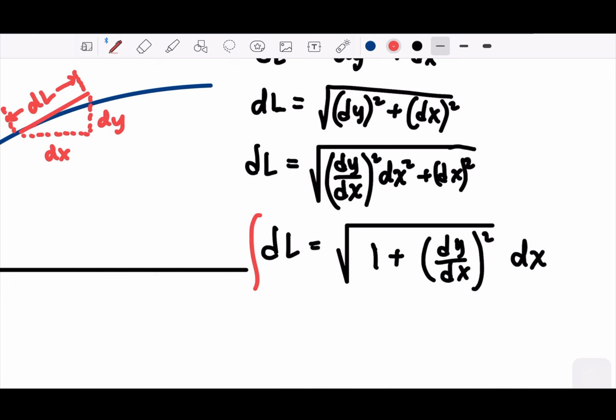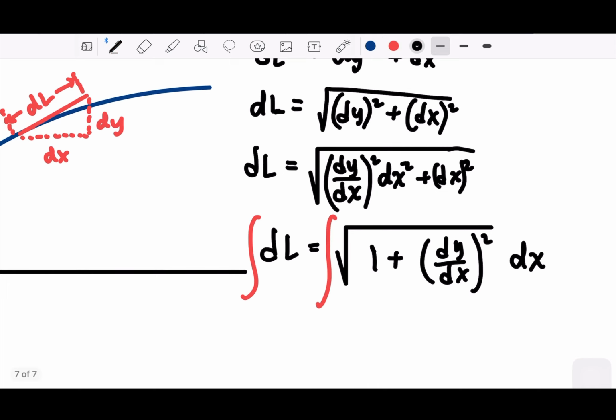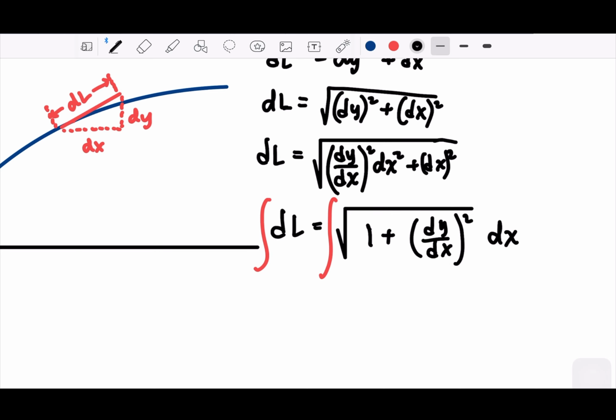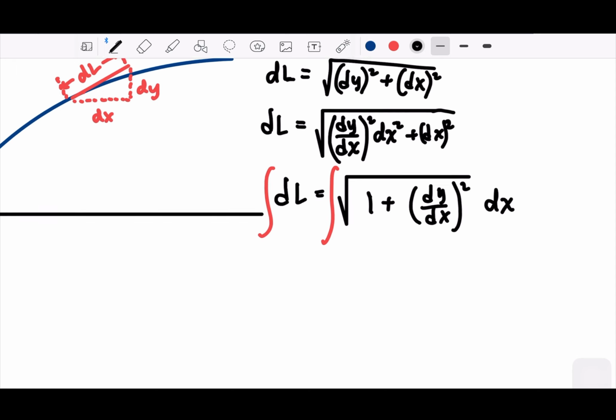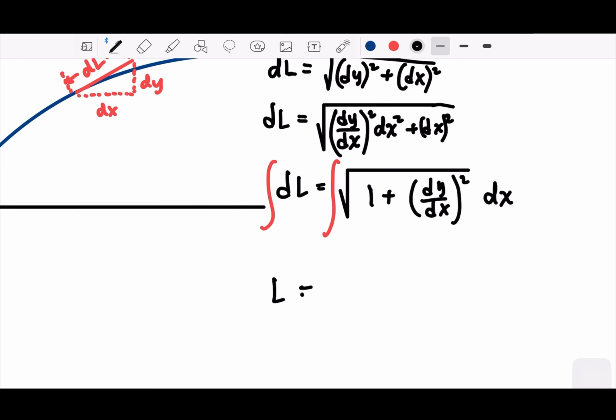Now we integrate the dl so that we are evaluating all the length measured. Let's say we are evaluating from A to B, or from x1 to x2, and that's also fine. So we get, right, A, B.